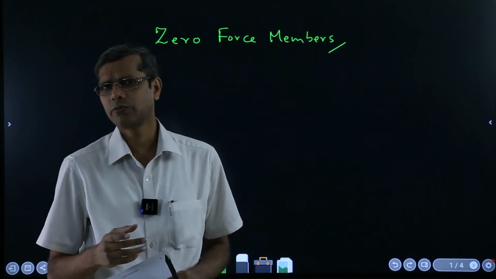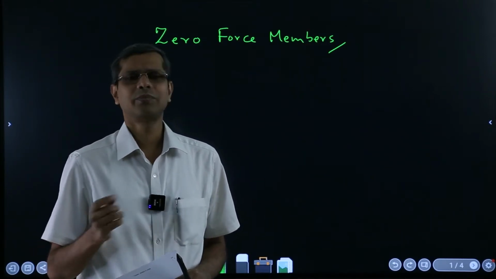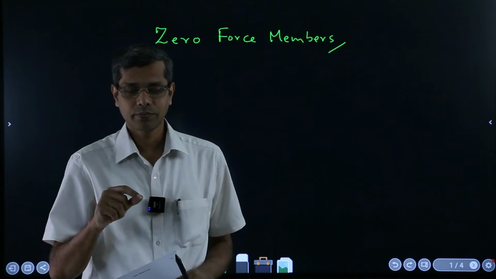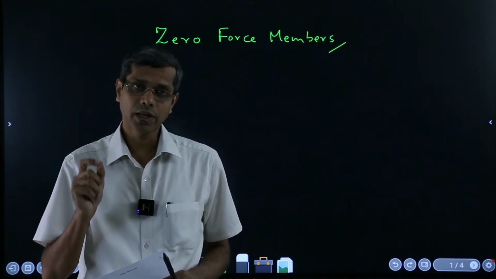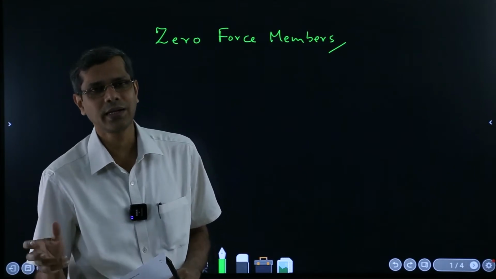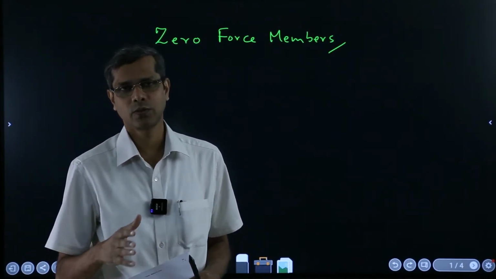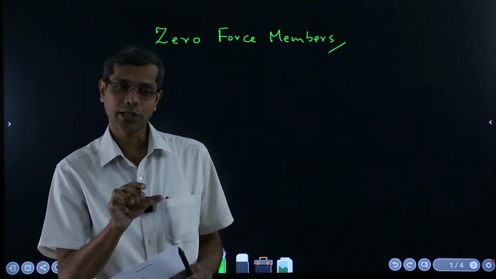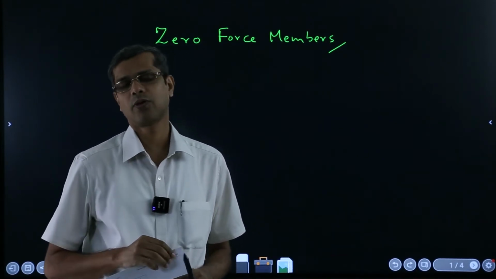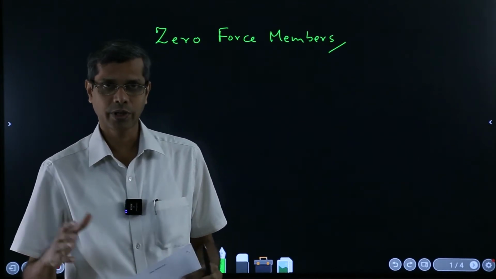But then why would we have such elements in a truss? Sometimes, as I said just now, under a specific condition of loading this may happen, but if the loading condition slightly changes, then that member may not remain a zero force member, and if we physically remove that element from the truss, the whole truss may collapse.